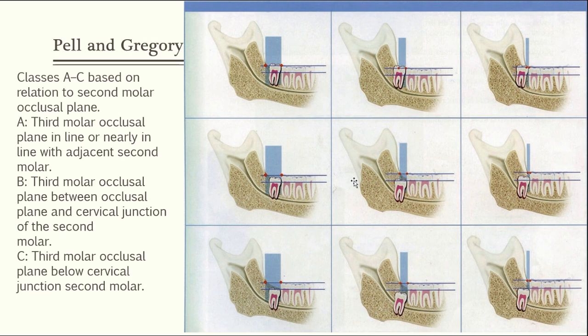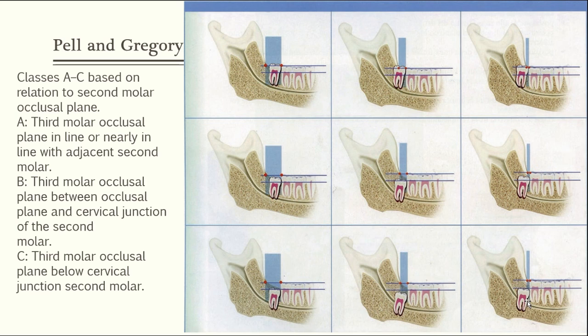C is below the cervical junction. So here all of those are class A, those are class B. We can see they're between the teeth, and here between the root and the crown, and here we can see it's class C, deep inside.